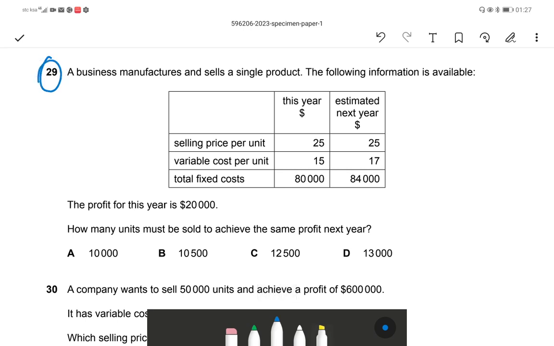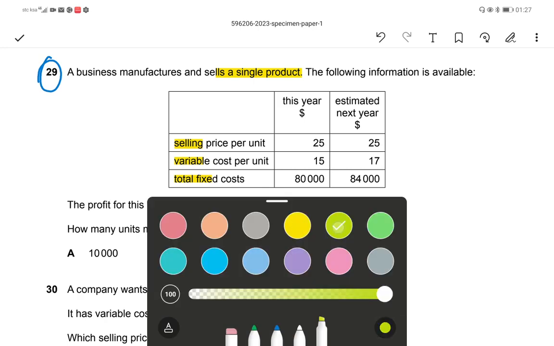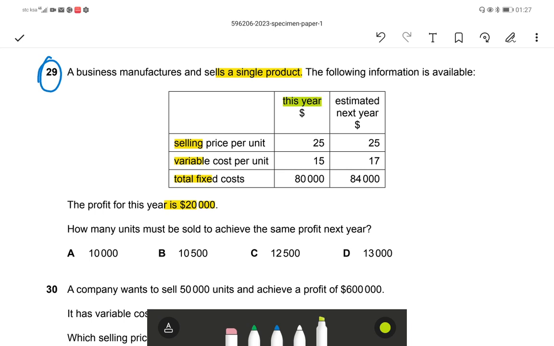Next, 29. A business manufactures and sells a single product. The following information is available. They are given selling price, variable cost, total fixed cost. The profit for this year is 20,000. And they are given this year's details and the estimated next year also.